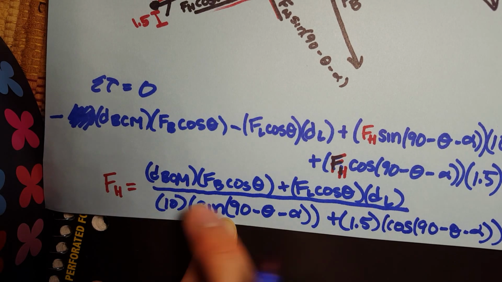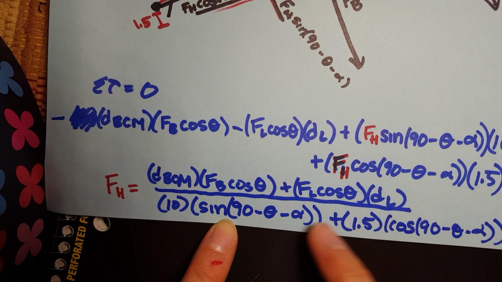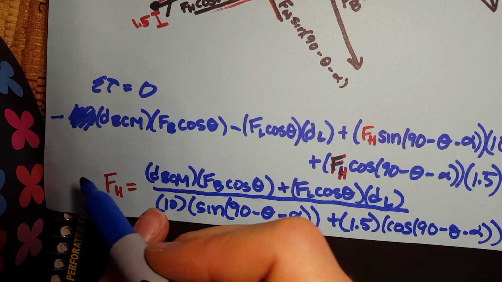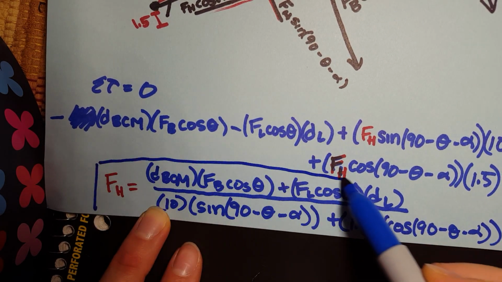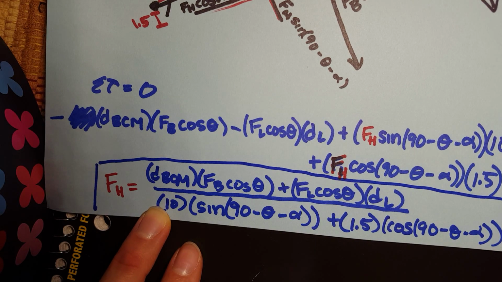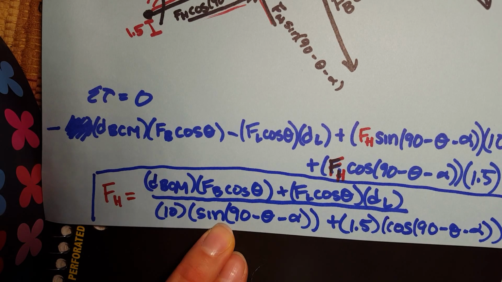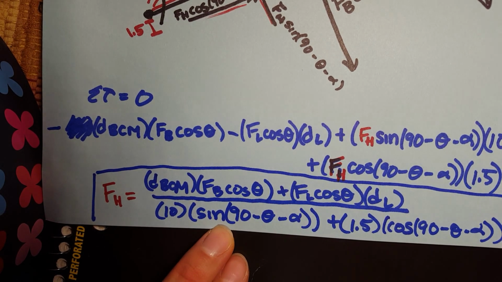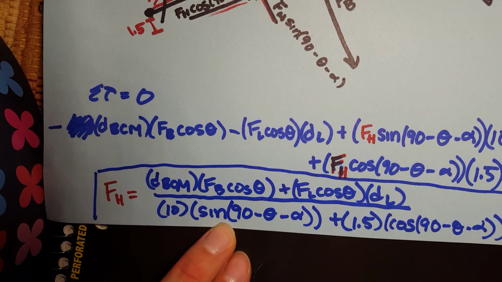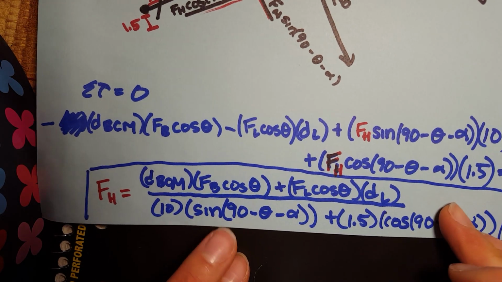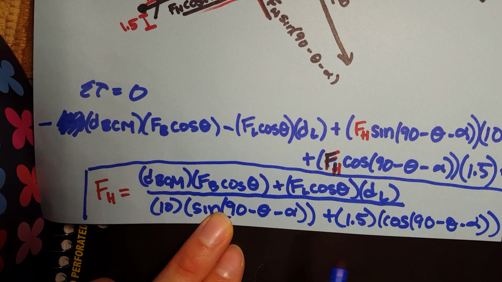At this point in the problem, you plugged in everything, and these are all just numbers that you found using your calculator. So this is the formula, per se, of how you would figure out what the force of that hydraulic cylinder is. And I did say this at one point, this is not the only way to find this. This is only one of a number of methods that you can use. But it would be a good idea to check.